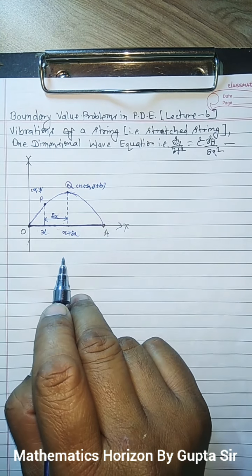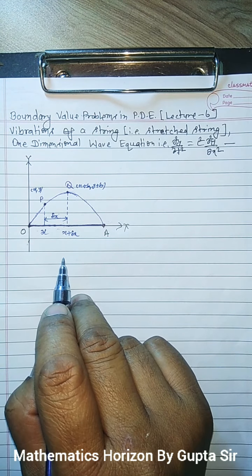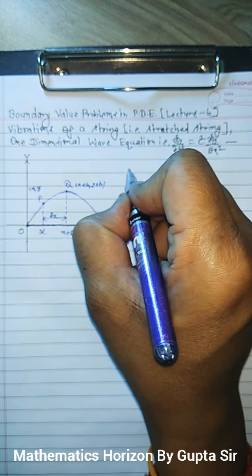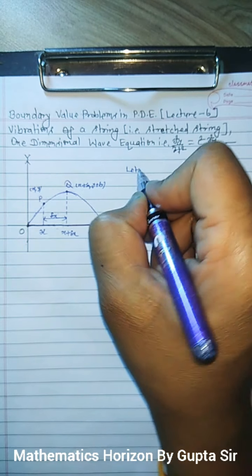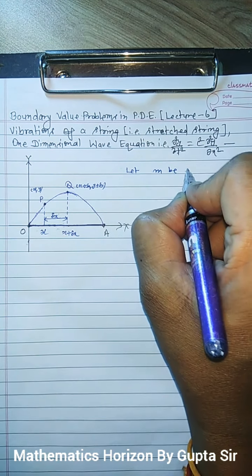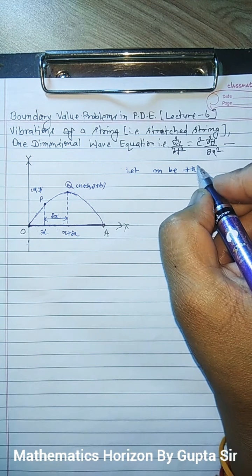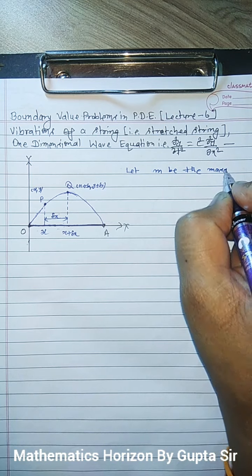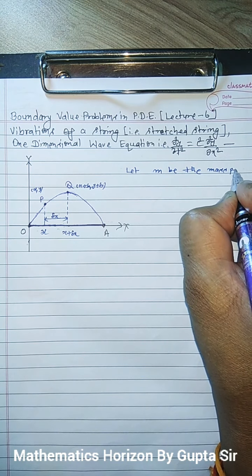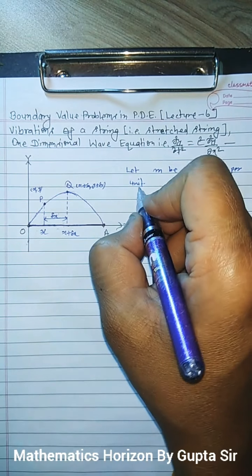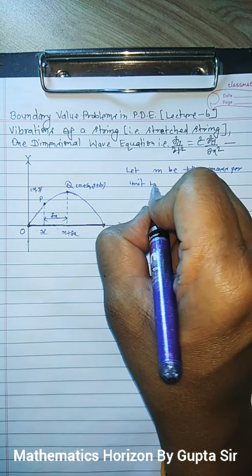Let m be the mass per unit length of the string.